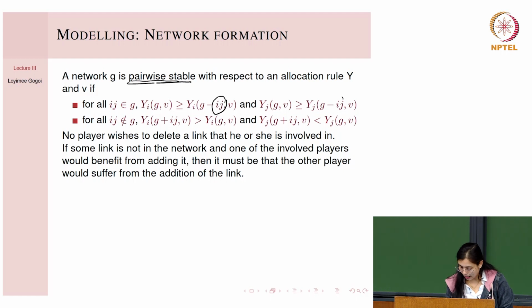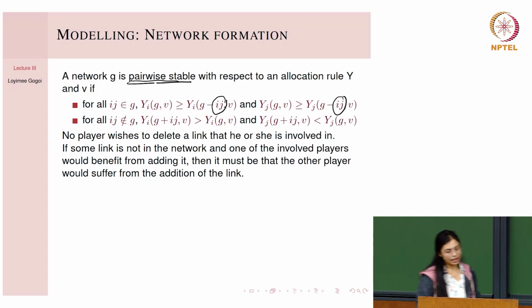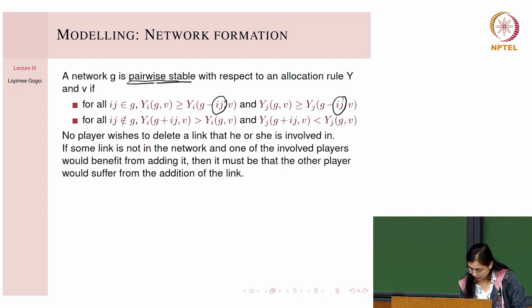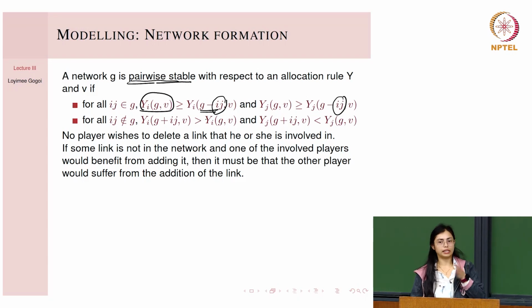Suppose i and j are connected in G, and whatever i is getting under Y, if I delete the link, then he will get less.